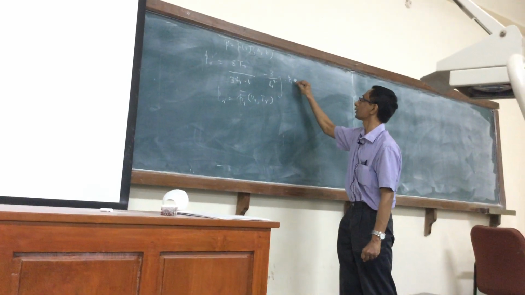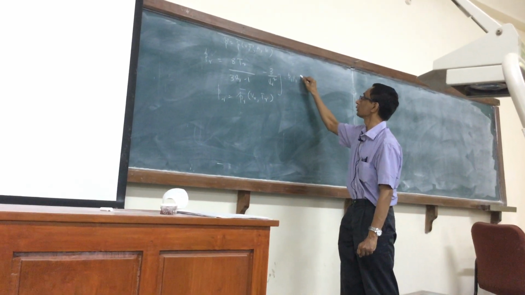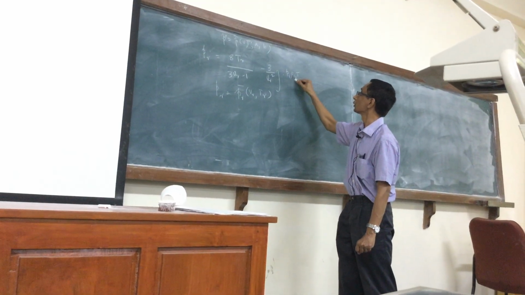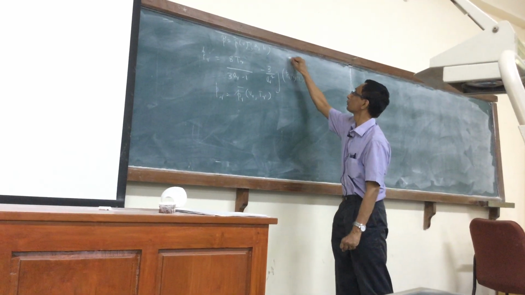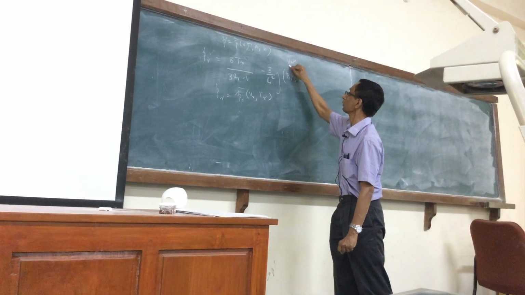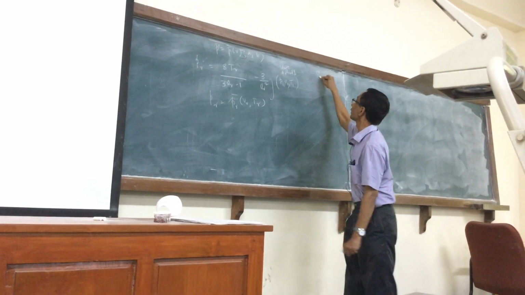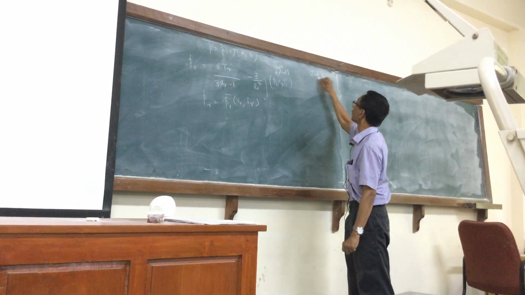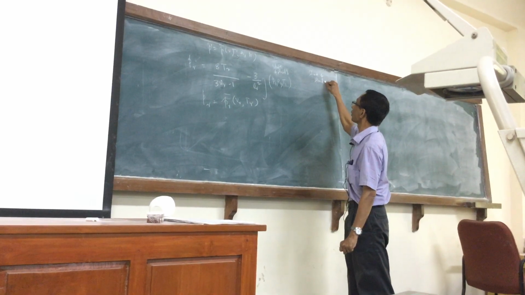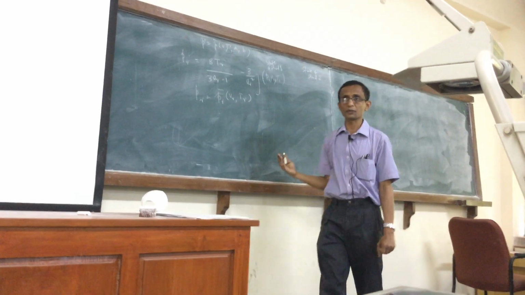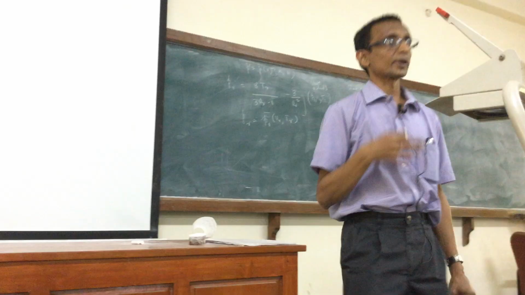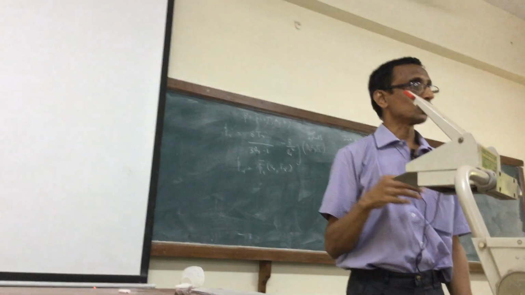Suppose I consider P1, V1 and T1 to be the state of fluid 1. We are talking only about van der Waals fluids, and a different state of fluid 2. So it's now another fluid, another state. I'm going to write P2, V2 and T2.